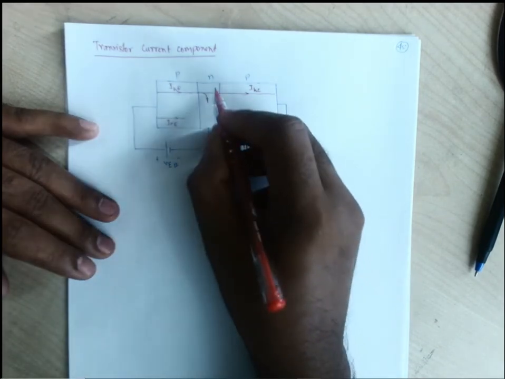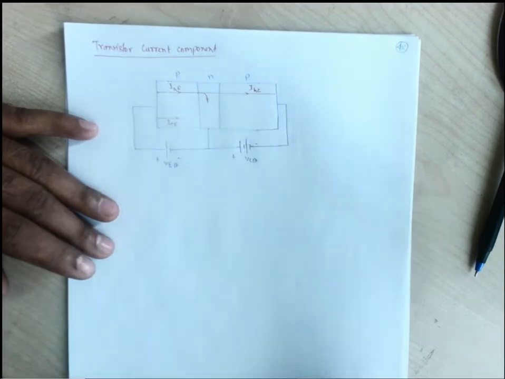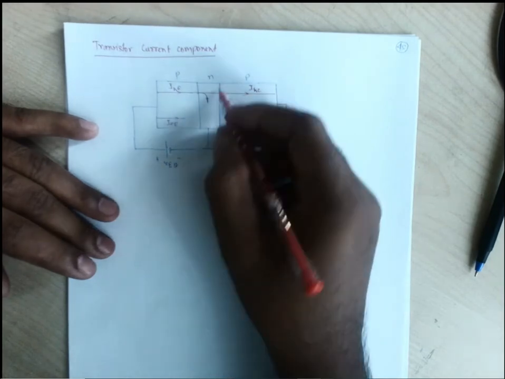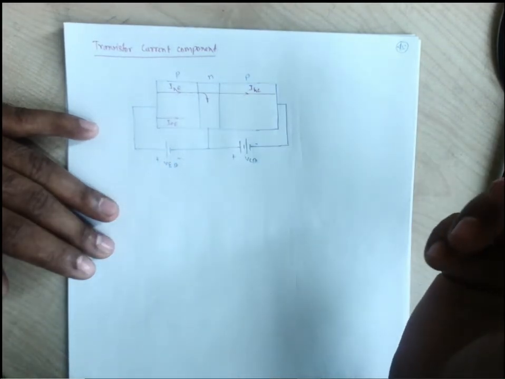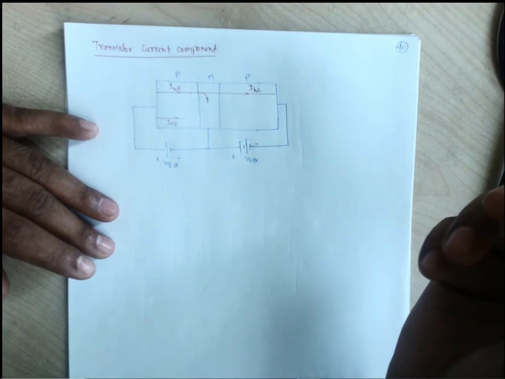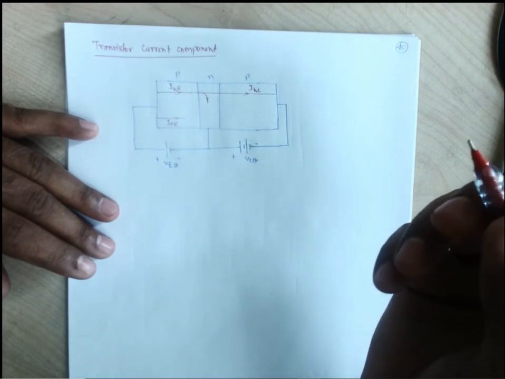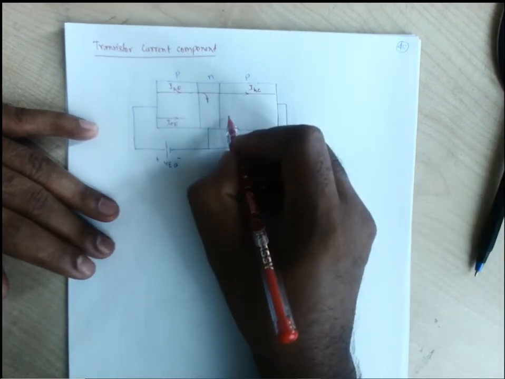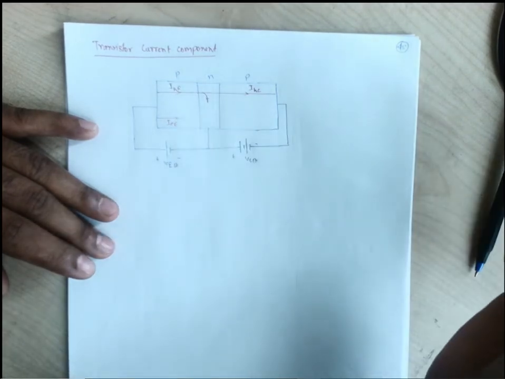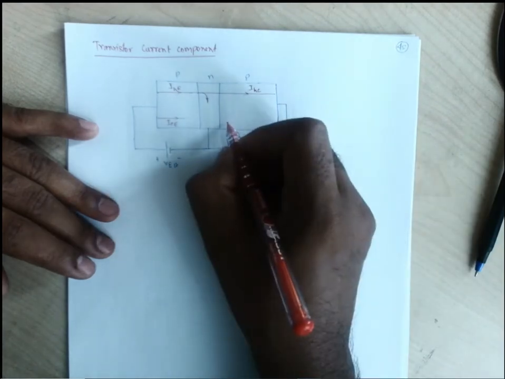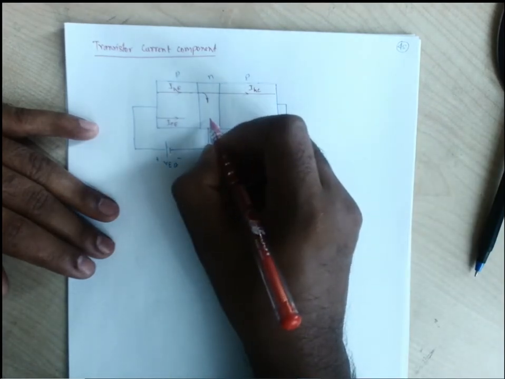Now this side is forward bias, so for the minority charge carriers it will be reverse bias. But as the collector base region has reverse bias, for the minority charge carriers that will be forward bias, right? This P side has minority charge carriers of electrons, and this N side has minority charge carriers of holes.